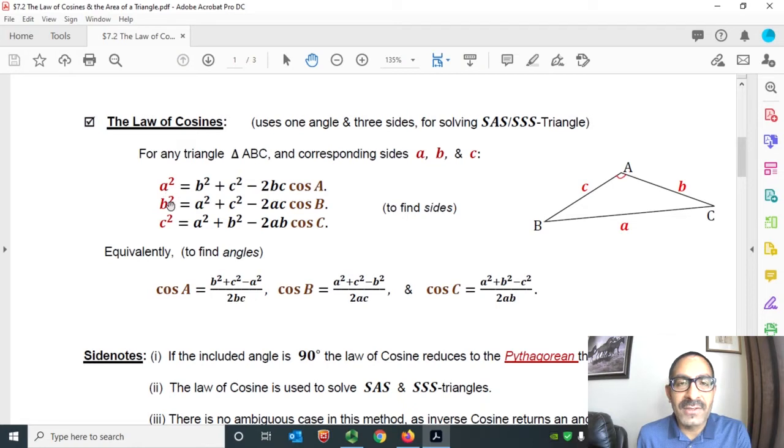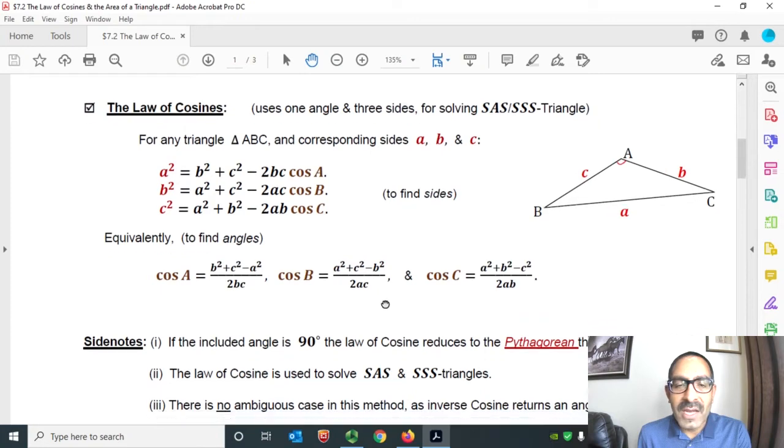Similarly, from the second relation, rearranging the terms gives us cosine B equals a squared plus c squared minus b squared over 2 times ac. Similarly, from the third relation, by rearranging the terms, we get cosine C equals a squared plus b squared minus c squared over 2 times ab. Awesome. So, these are the cosine laws.